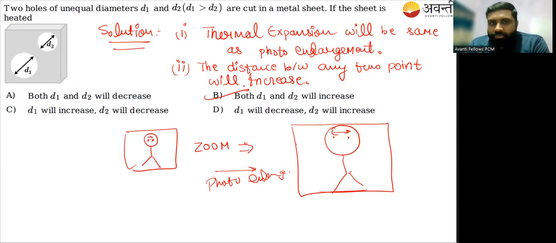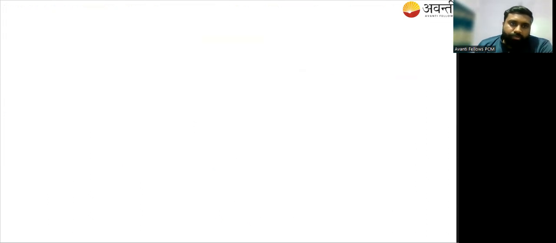Option B is the correct one. So these are the two pointers here: thermal expansion is the same as photographic enlargement, and the distance between any two points will increase. Keep these points in mind. Now move on to the next one.